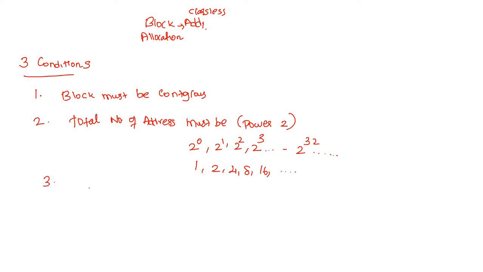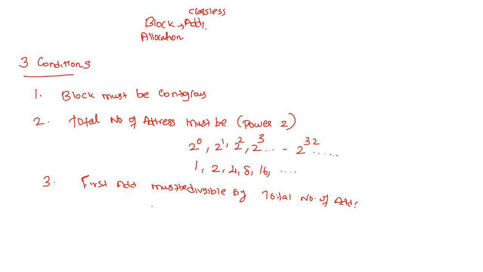Third, the first address of that block must be divisible by the total number of addresses.